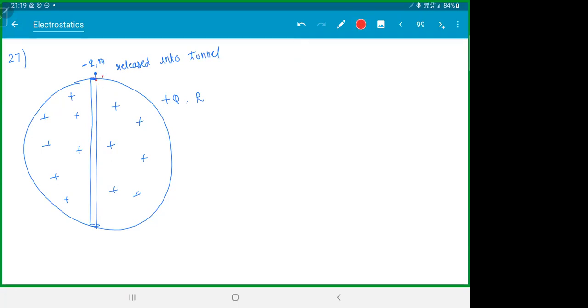This point is A and this point is B. Find the time taken to go from A to B and the speed at the center of the sphere.